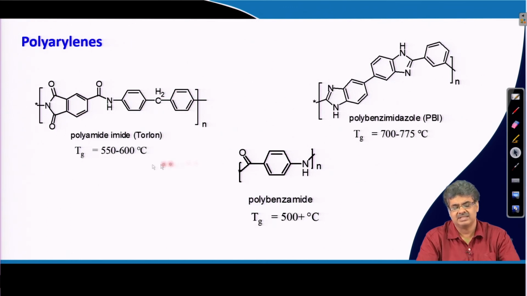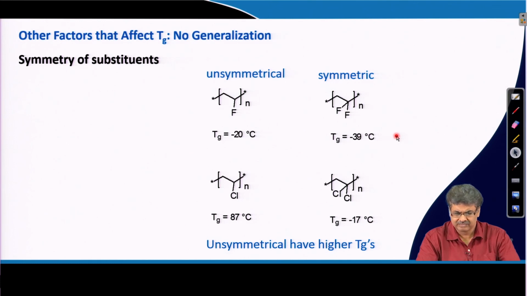As a result, you can see the Tg values are very high, and these polymers are used in very challenging environments where the requirement for heat-resistant polymers is very high, like in space applications or where the friction is very high, and the polymers need to sustain that heat.